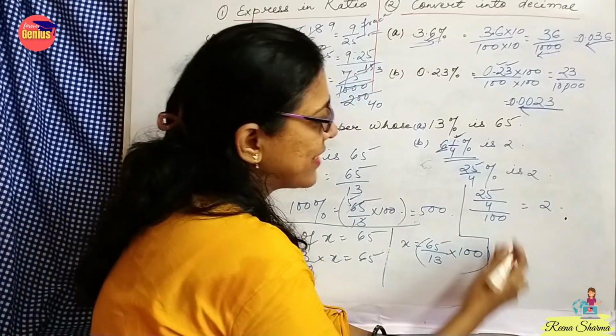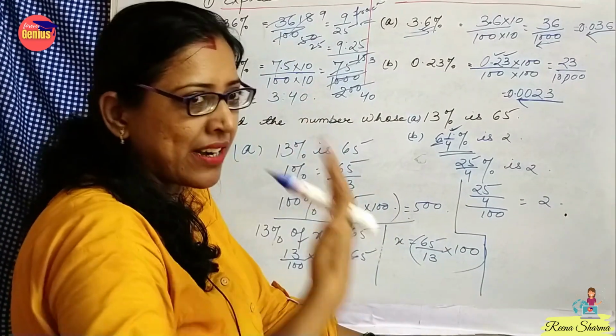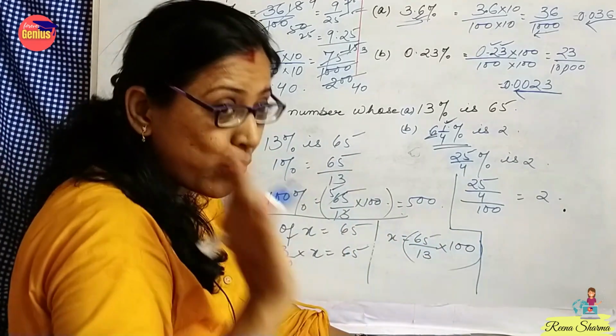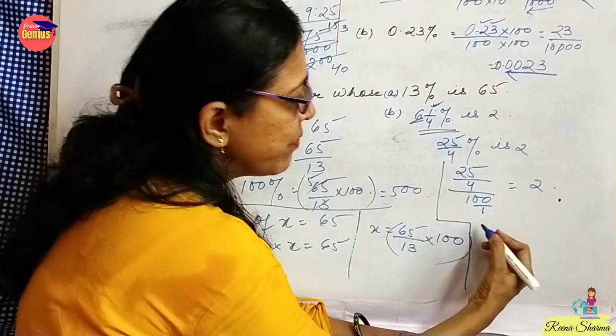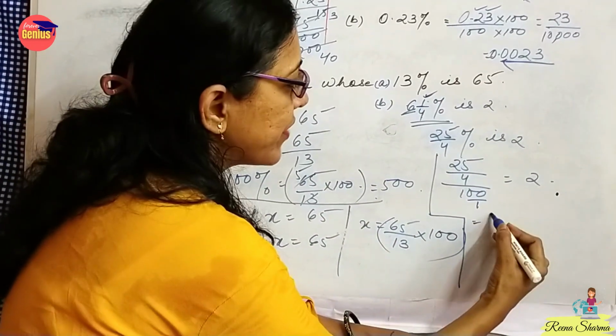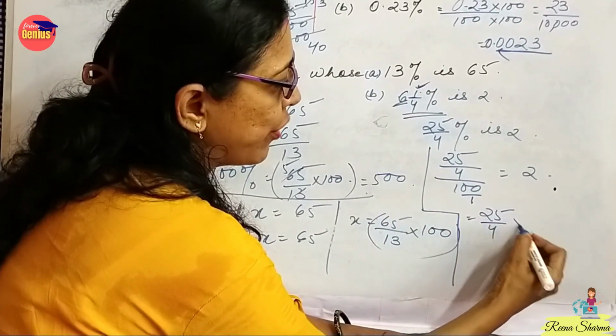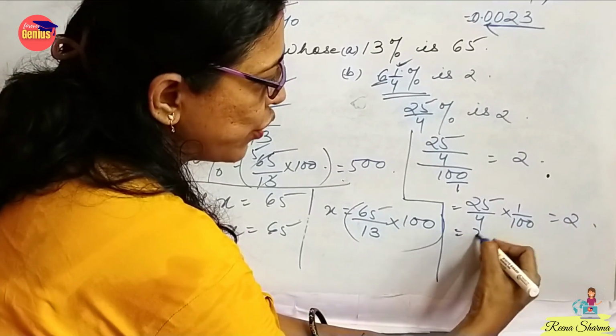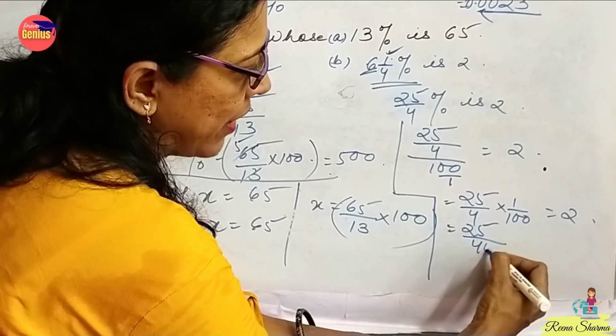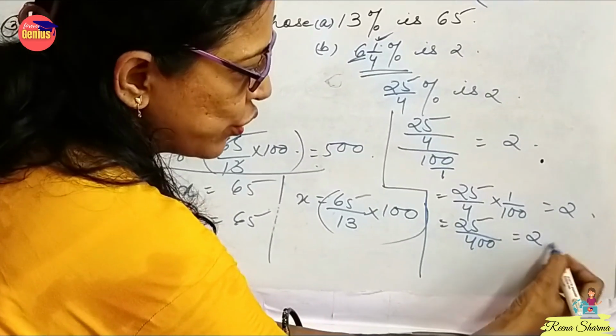When we see these types of sums, students start sweating. Okay, now what? But don't be so confused. This is the numerator and this is divided by 1. So just reverse it. It is 25 by 4 into 1 by 100 is equal to 2. That is equal to 25 by 400 is equal to 2.